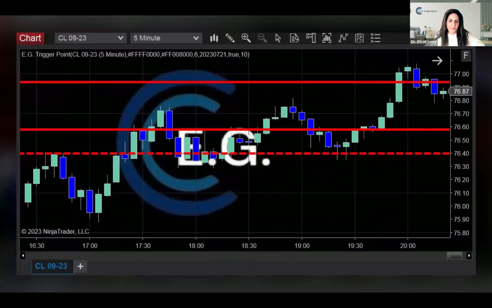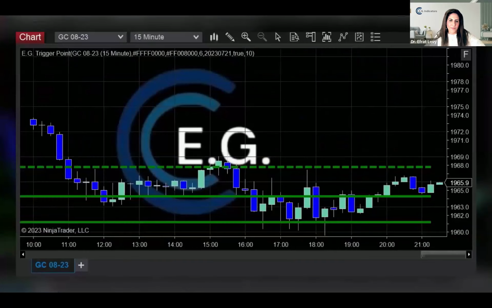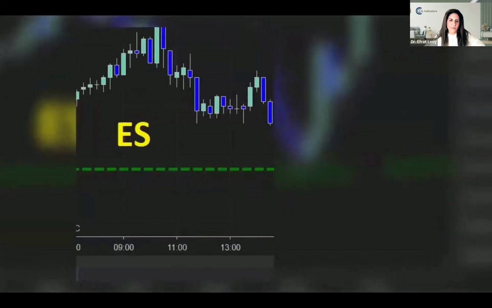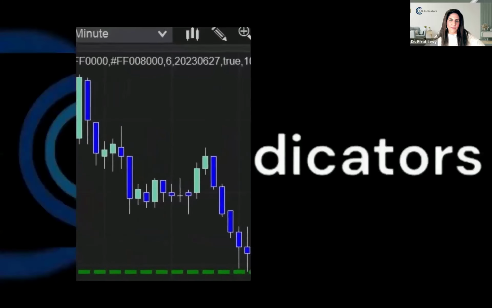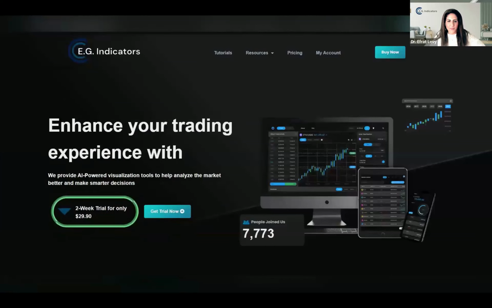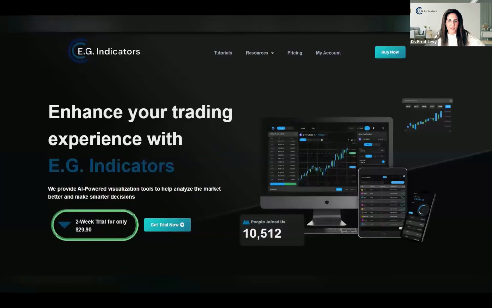NQ, the Nasdaq future. GC, the gold future. RTY, Russell 2000. Dow Jones and S&P 500. EG indicators. Because of the accuracy. Because of the simplicity. Enhance your trading experience with EG indicators.